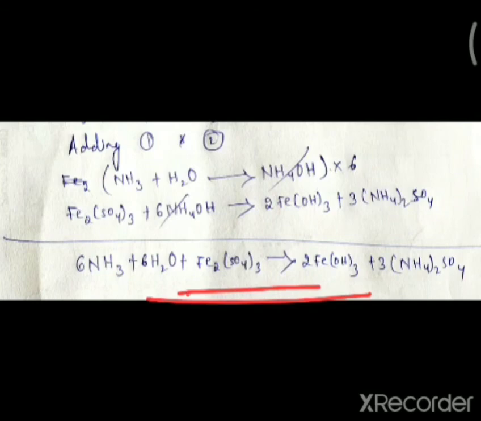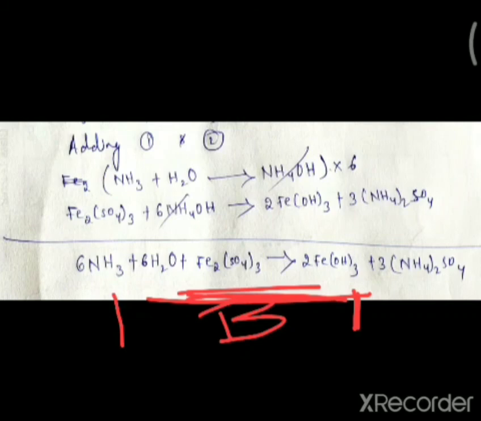So this is homework for you, okay. You check whether this one is balanced or not. Obviously you will get the balanced equation. So you check this yourself, okay. So this much for today's class, okay.